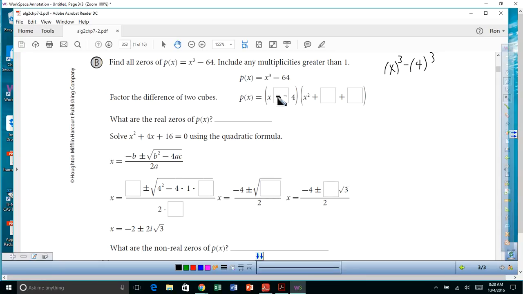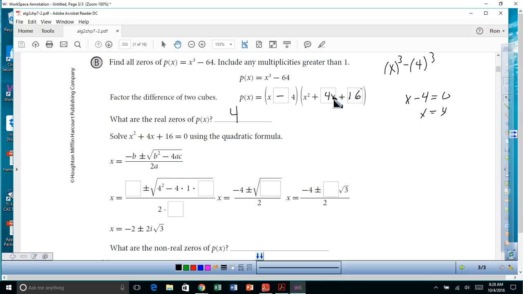So that's going to give x minus 4 times x squared plus 4x plus 16. What are the real zeros of p of x? Well, you've got x minus 4 equals 0, so x equals 4. So the real zero is 4.